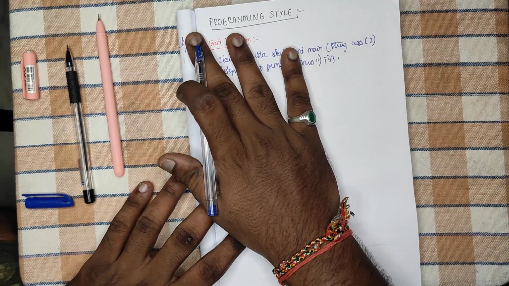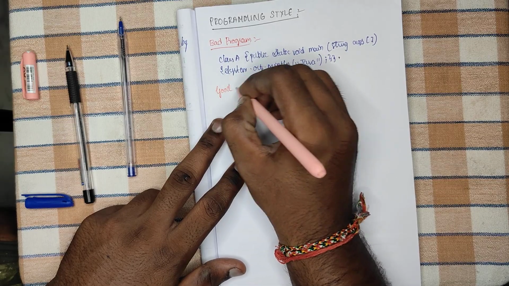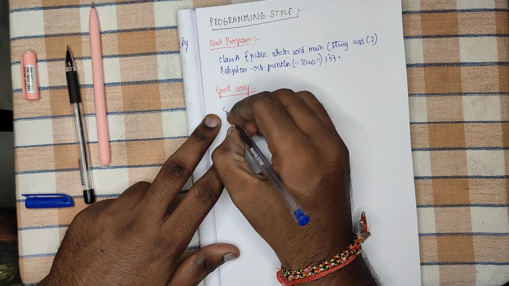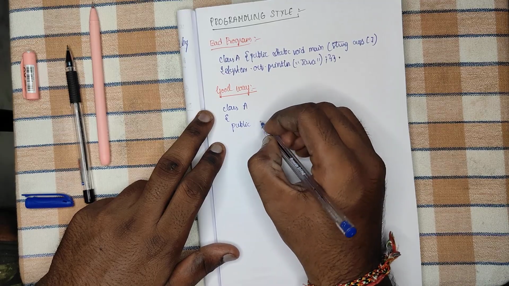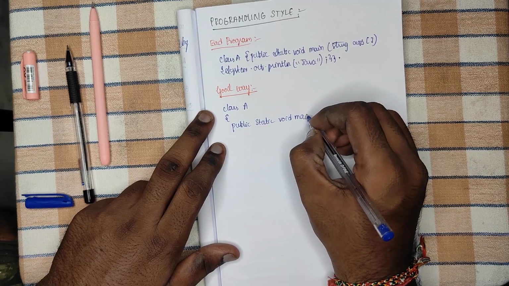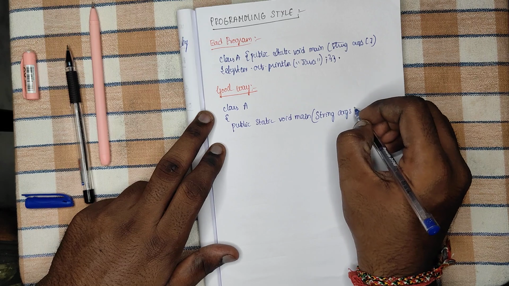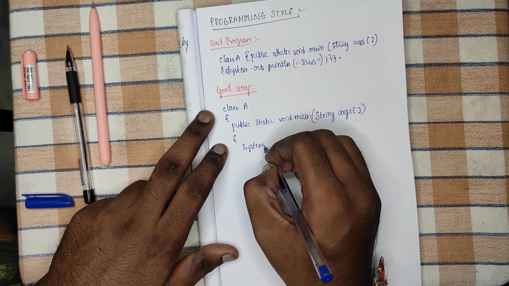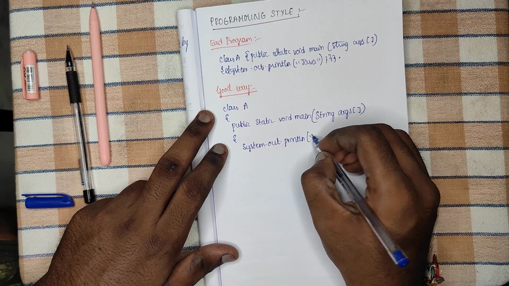So the same program can be written in a good way: class A, public static void main, String args, System.out.println.